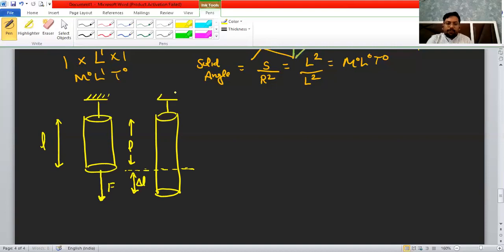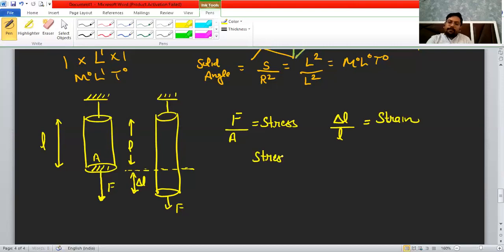So this ratio of force applied by us divided by the surface area, force divided by area, is called the stress, and change in length to the length is called the strain, and stress to the strain is called modulus of elasticity.